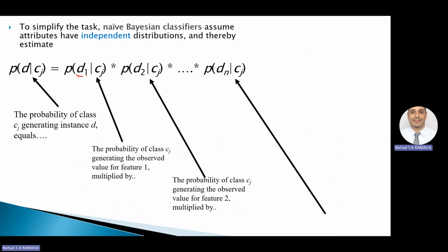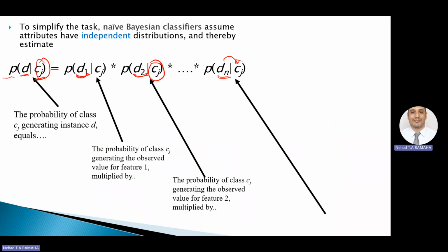If you have more than one feature for the same class, so the probability of D that we need to classify, male, female, and so on, with a specific category, we have feature one, feature two, feature three, with the probability of each feature given the specific category.